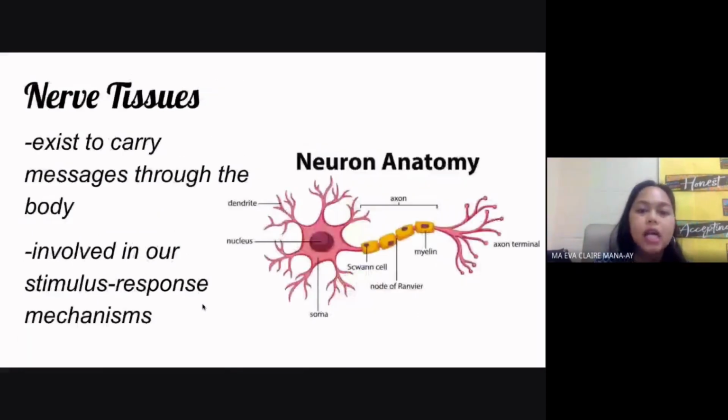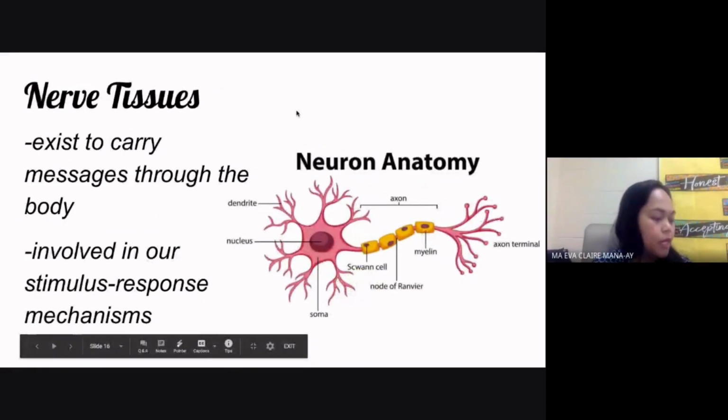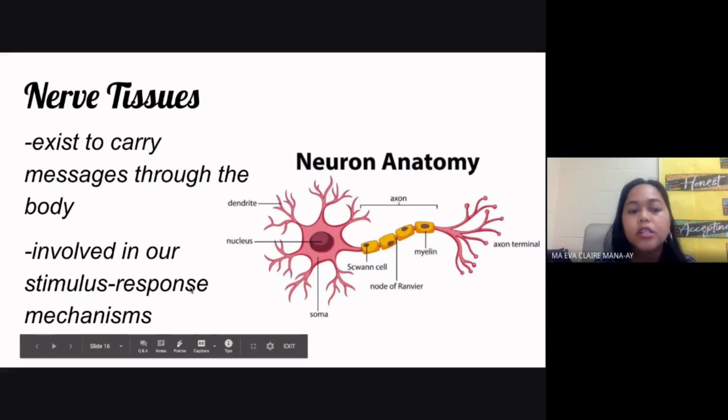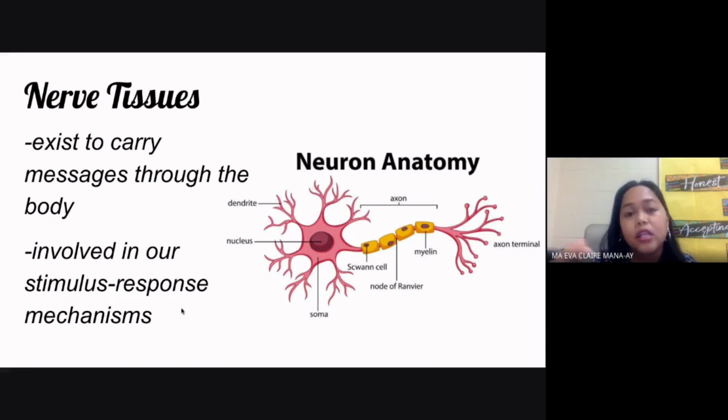Now, the last type of tissue that we have is your nerve tissue. Now, you know this to be very important. This exists to carry messages through the body. This is involved in our stimulus response mechanism. So if you are touching something that's hot, your neuron, your nerve tissue is going to send a message to your brain that that is something very hot. It's going to hurt your finger.